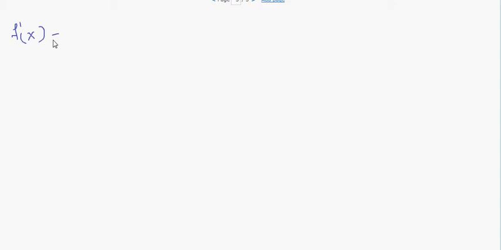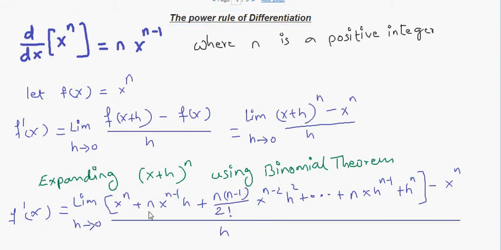That becomes the limit as h approaches 0, because you'll be cancelling out the negative x to the power n and the positive x to the power n.